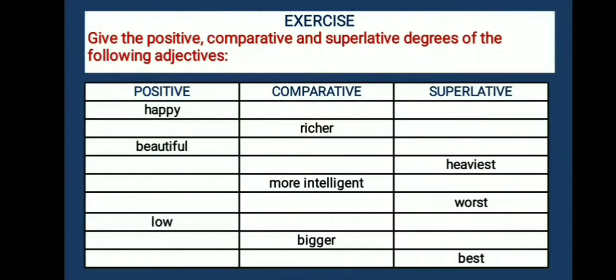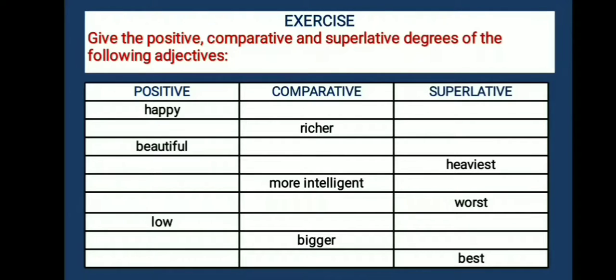Give the positive, comparative and superlative degrees of the following adjectives. One degree of adjectives is given and you have to write the other two degrees. The adjectives given under positive degree are happy, beautiful, low.